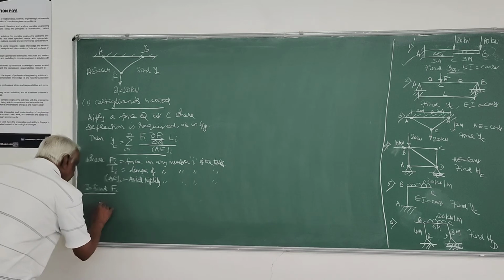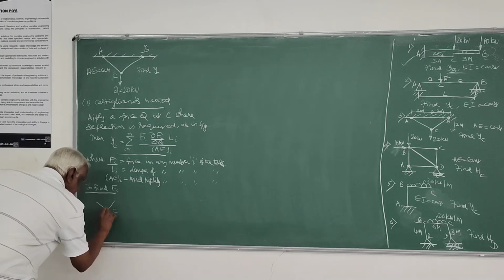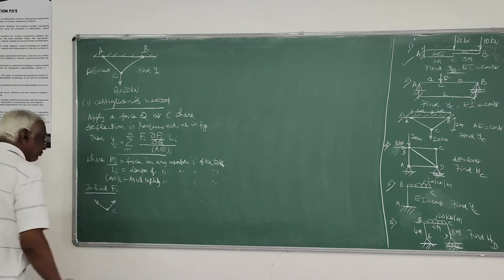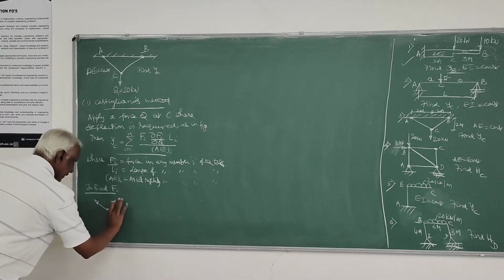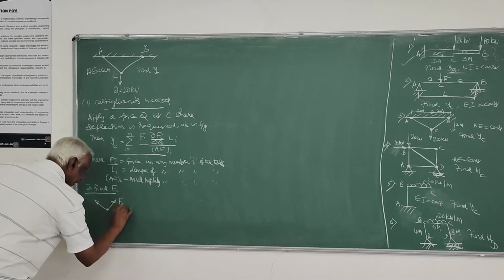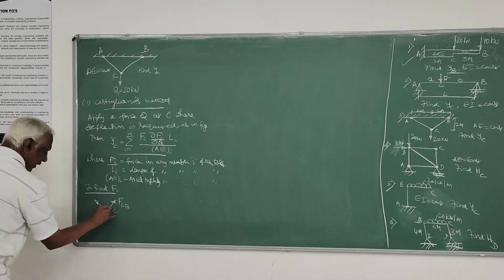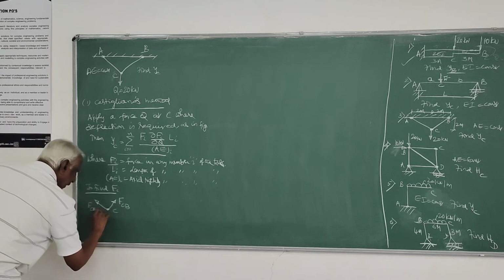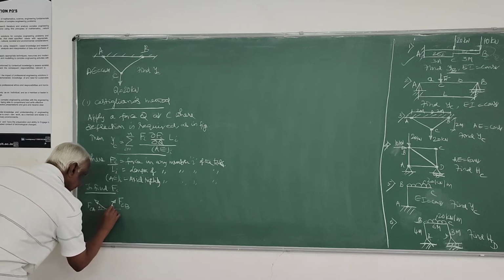So straight away we can take that joint C and indicate the direction of the member forces meeting at that point with their positive direction. This we call FCB in that positive direction, that is tension, arrow moving away. Here it is FCA, and this angle you can take as theta.